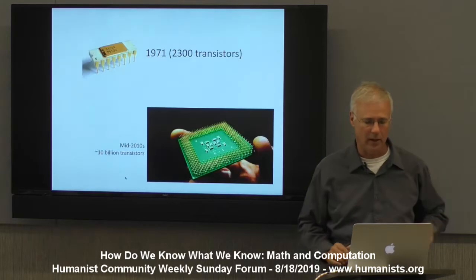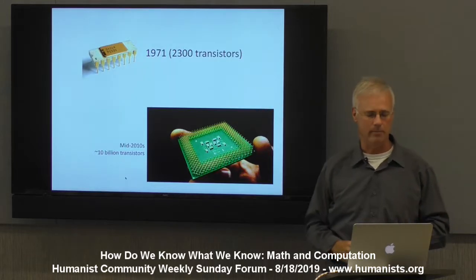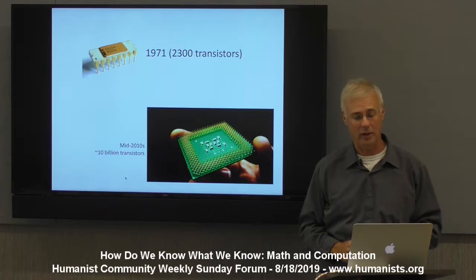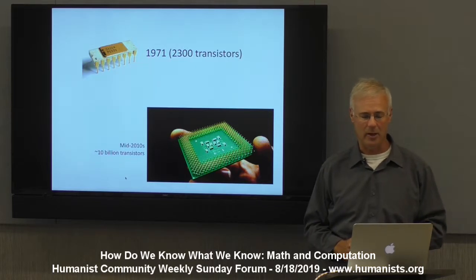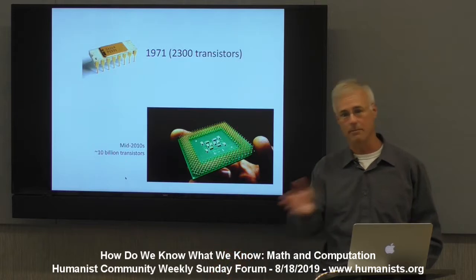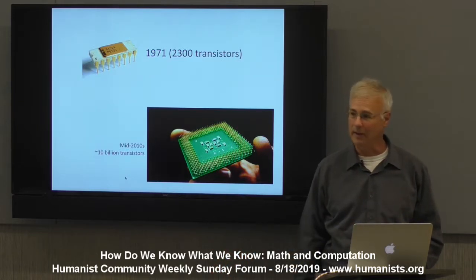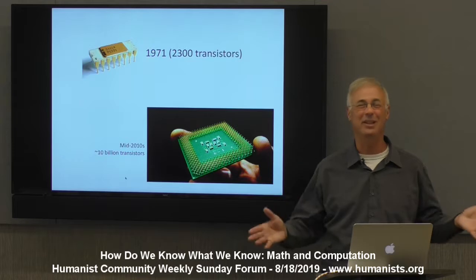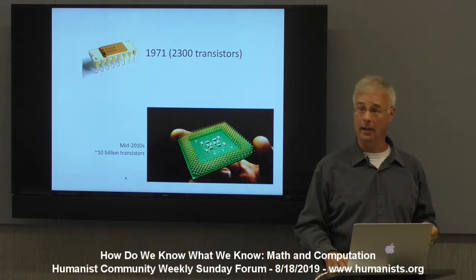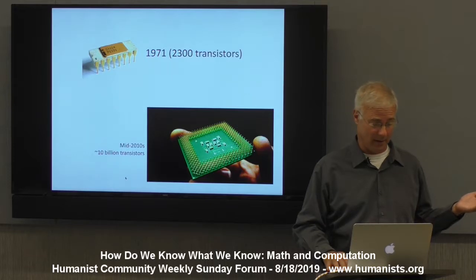This is what it looked like when you actually bought it in 1971. The 4004 had 2,300 transistors. And just to compare it to a modern CPU, not even state-of-the-art, 5 years ago, had 10 billion transistors. Yeah, I know, it's mind-boggling, isn't it?